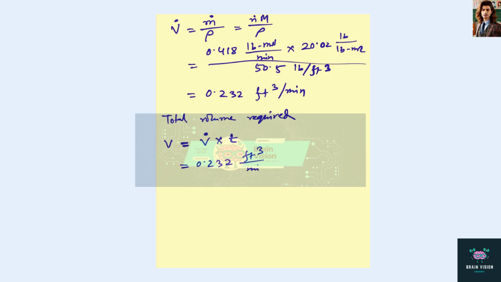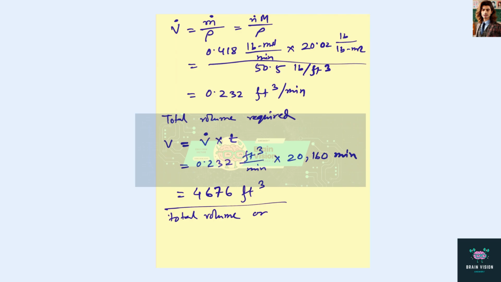Therefore, 0.232 feet cubed per minute multiplied by the total time, which is 20,160 minutes, and the total volume is then 4,676 feet cubed. Or it is the tank size.